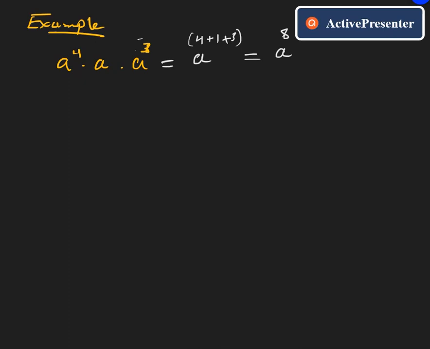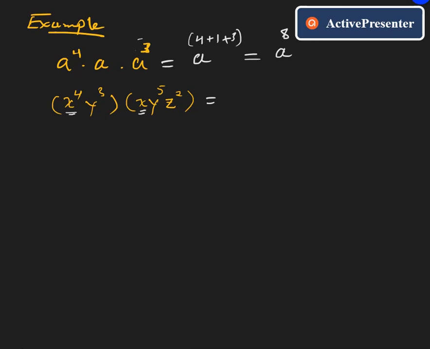Another question: x to the power 4 multiplied by y cubed multiplied by x y to the power 5 multiplied by z squared. This is equal to, we can now gather x's together.